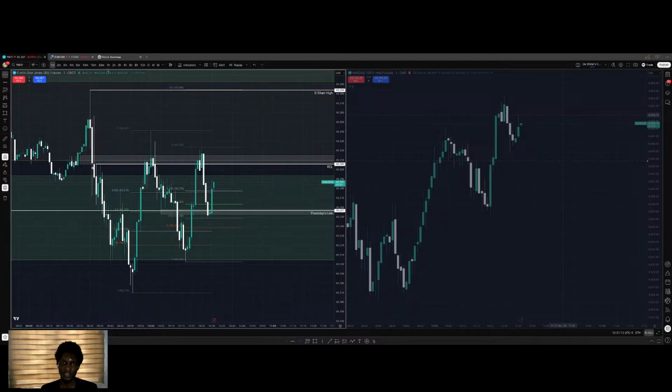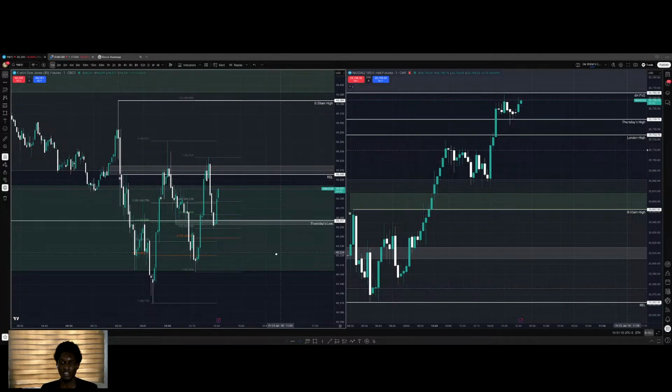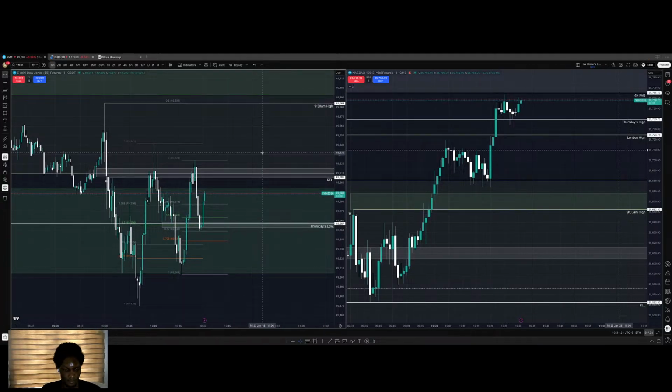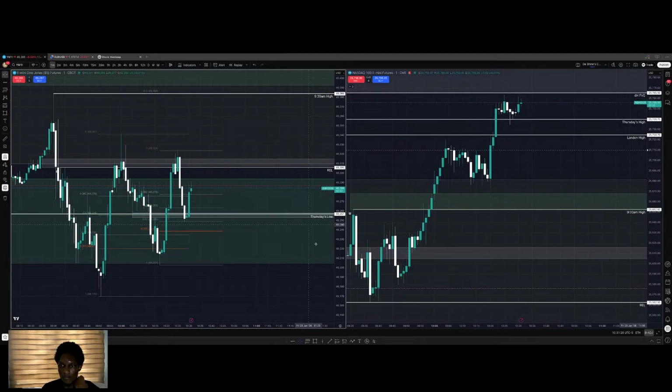I mean, it's quite clear and obvious that YM is really not willing to push higher. So in 32 seconds, we form a gap. I want to steal straight into here.